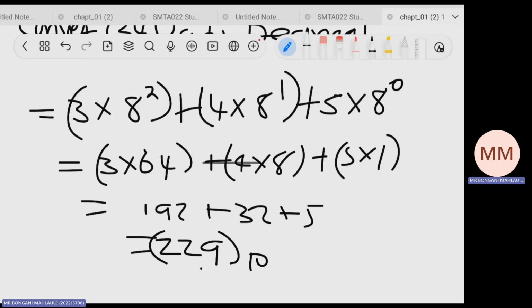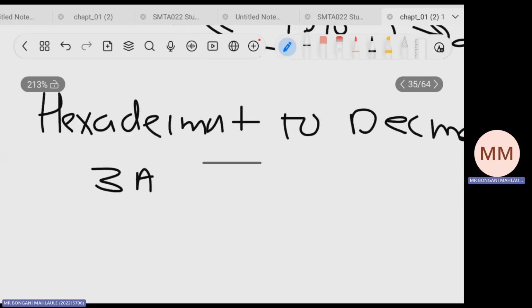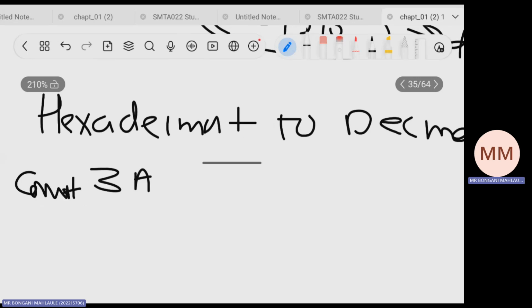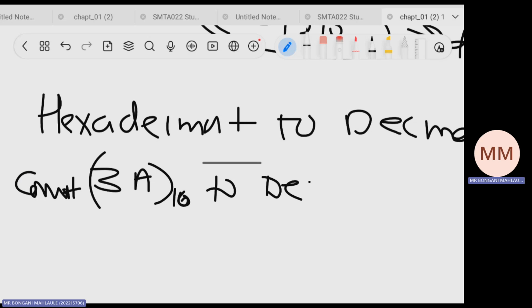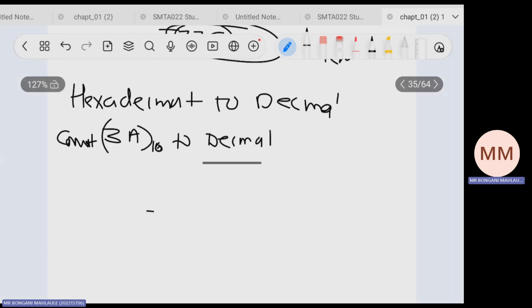Now hexadecimal to decimal. Convert 3A base 16 to decimal.